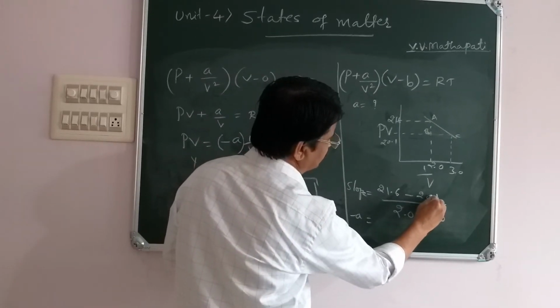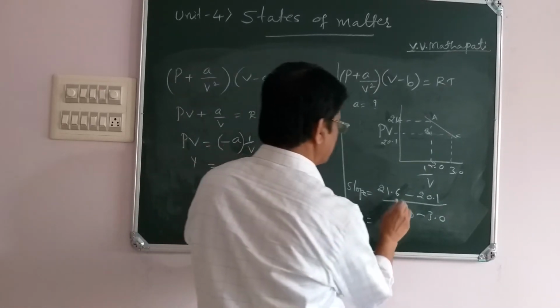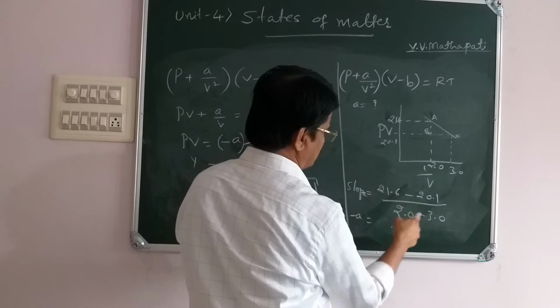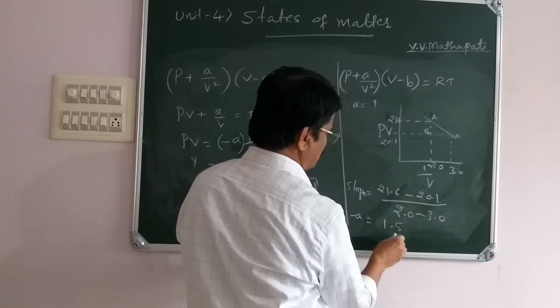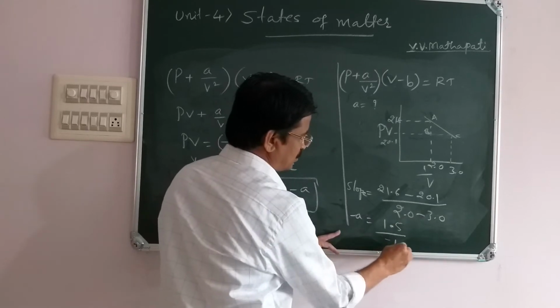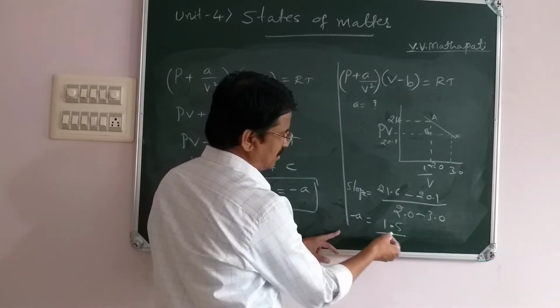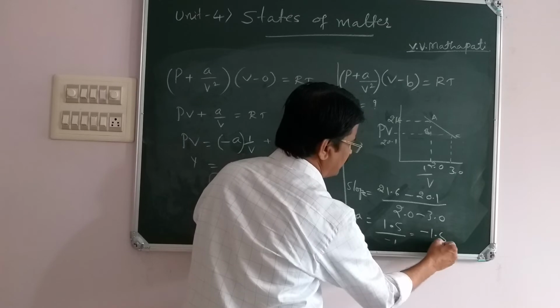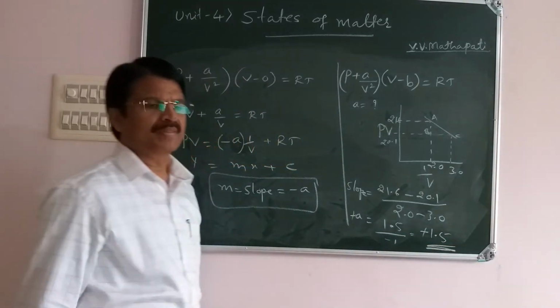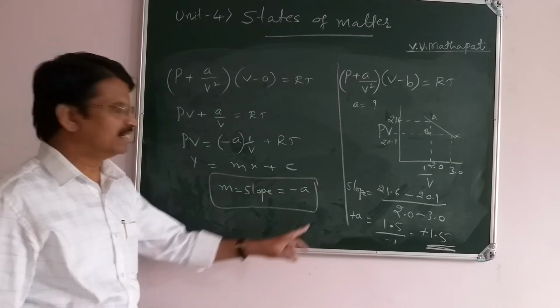How much do you get? 1.5 by 2 minus 3, which is minus 1. Therefore, you get the value minus 1.5. The minus cancels over. So I calculated the A value.